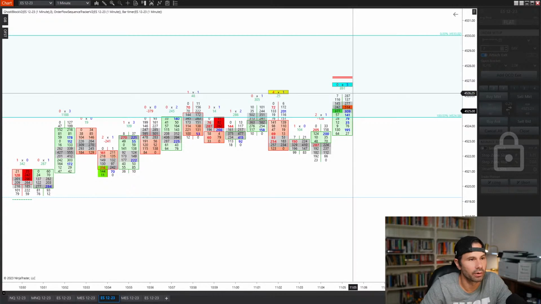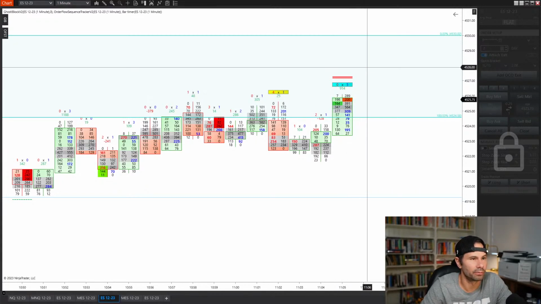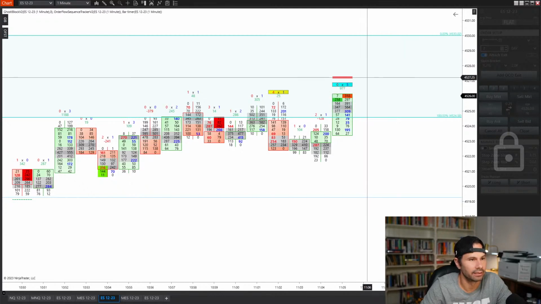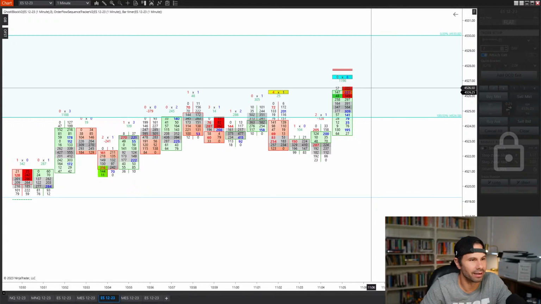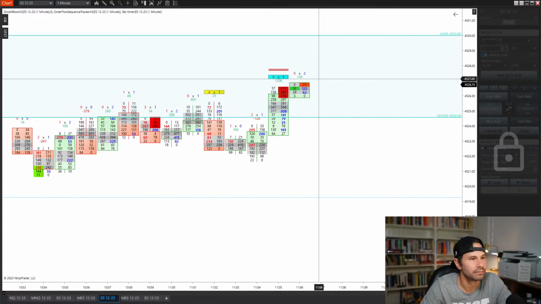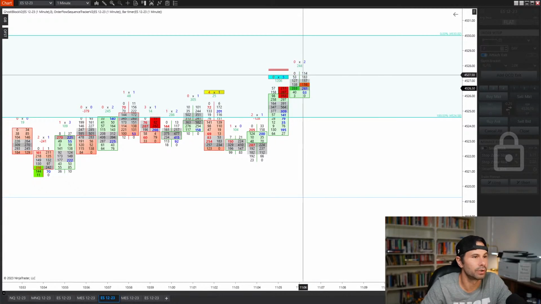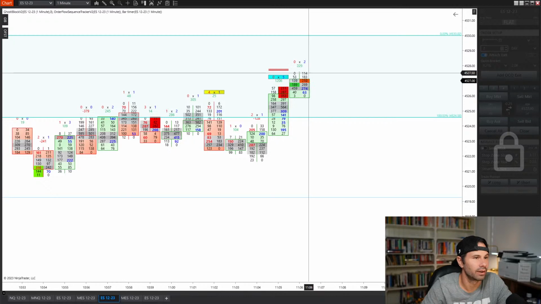What I would like to see is something like plus 400 in no time, or a spike to plus 500 and now flat on the delta. Like 100, 200, 400, 200. See that? Now it's getting juicy.